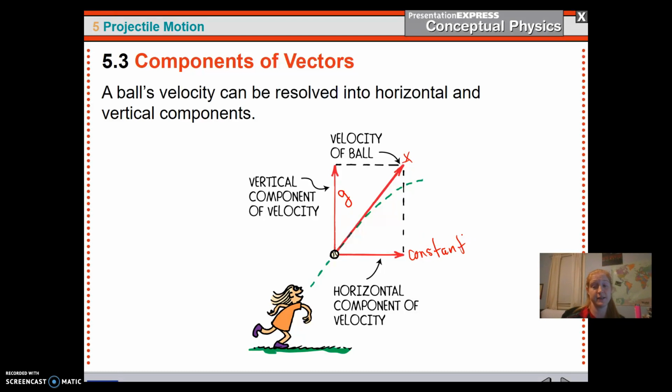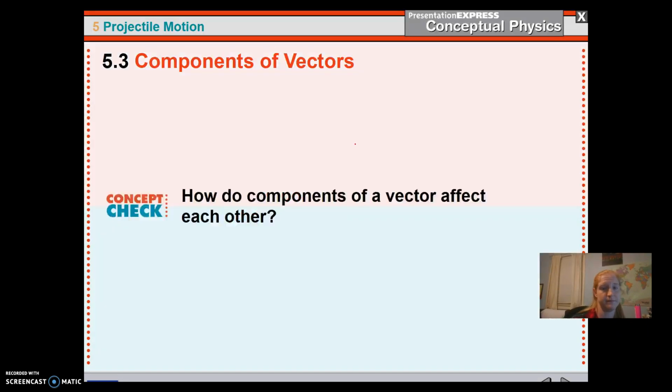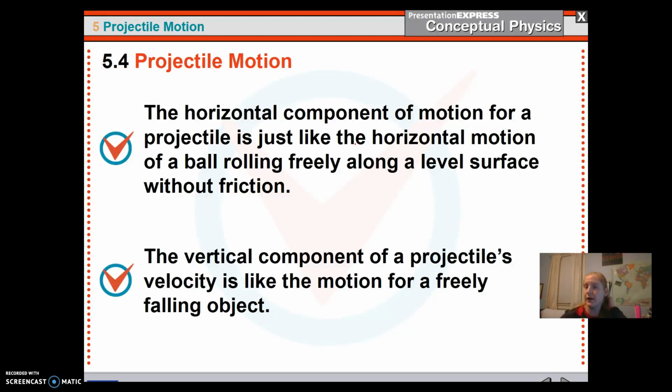We are going to test this out with the video you made. Okay, so here's your vector, the vector that's been given, and then you can break it into the y component and the x component. Okay, horizontal component is just like a horizontal ball rolling along a level surface without friction. It's constant.